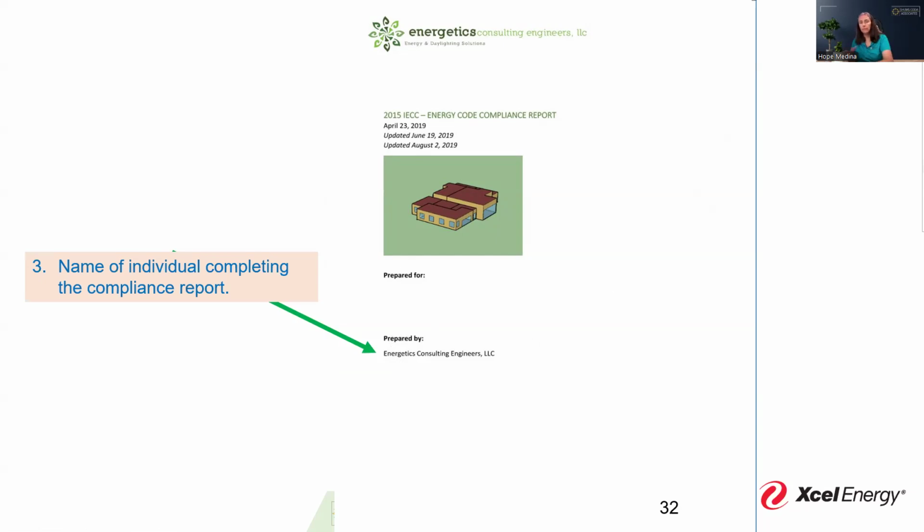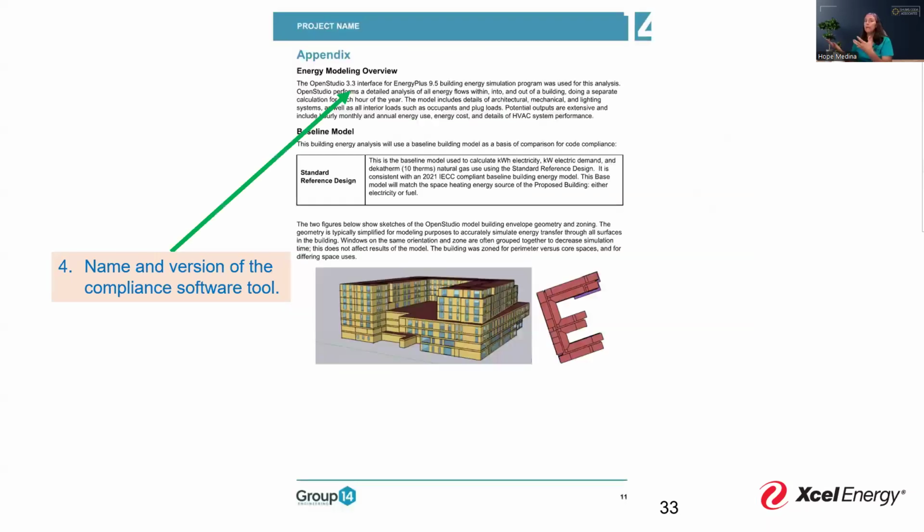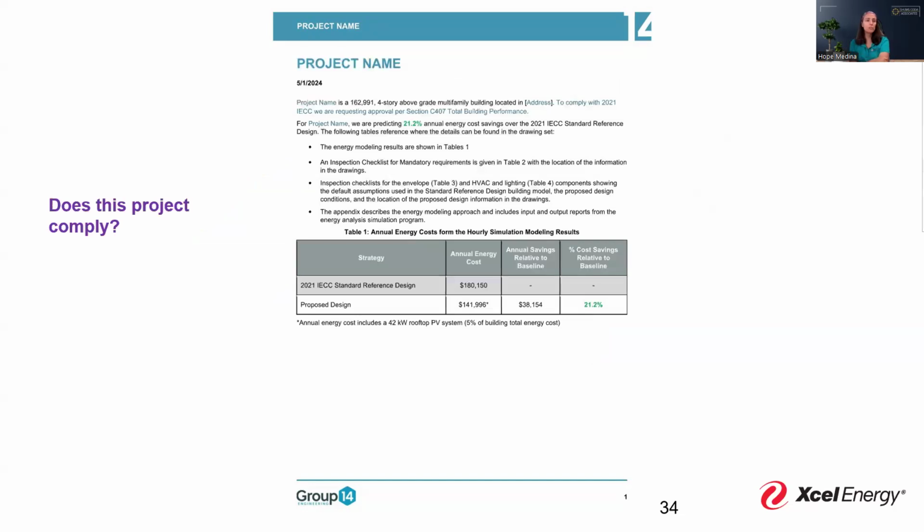Obviously, we don't have the rest of the information. I took that out, but that's one way of finding out where you would find that information within a report itself. The name and version of the software. So we've got OpenStudio 3.3 interface for EnergyPlus 9.5. So there's some information about name and version.